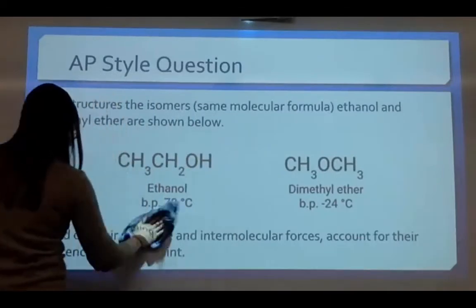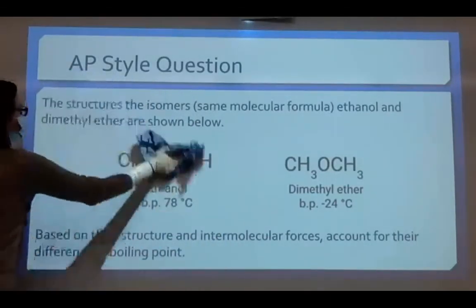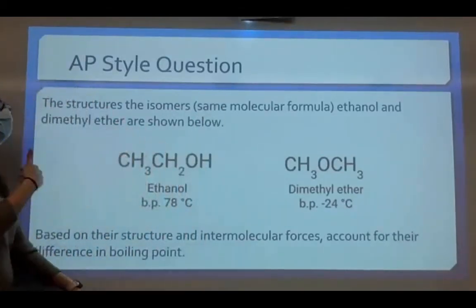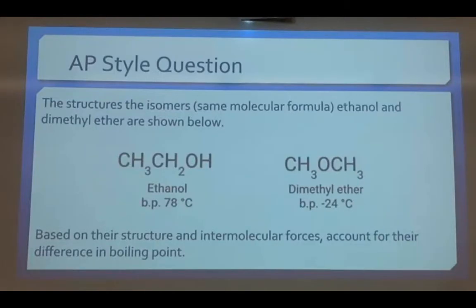For this one, it says the structures of the isomers. Isomers means that it has the same molecular formula. That's an organic chemistry term, meaning it has the same molecular formula. So structures for the isomers, ethanol and dimethyl ether, are shown below.